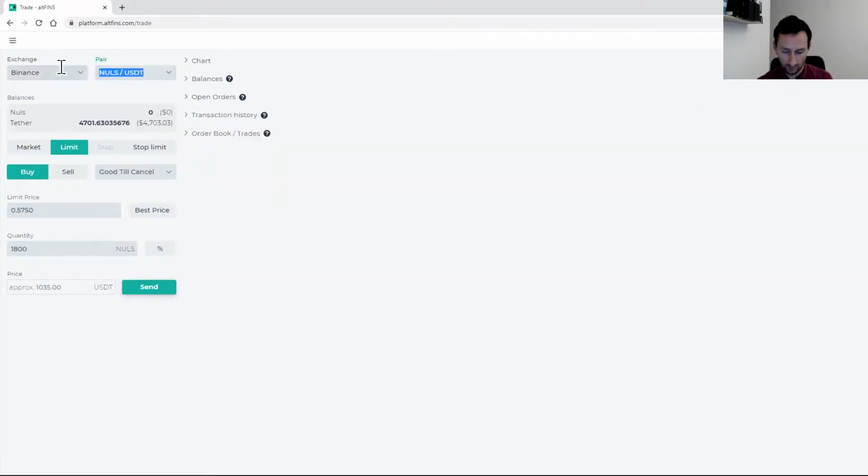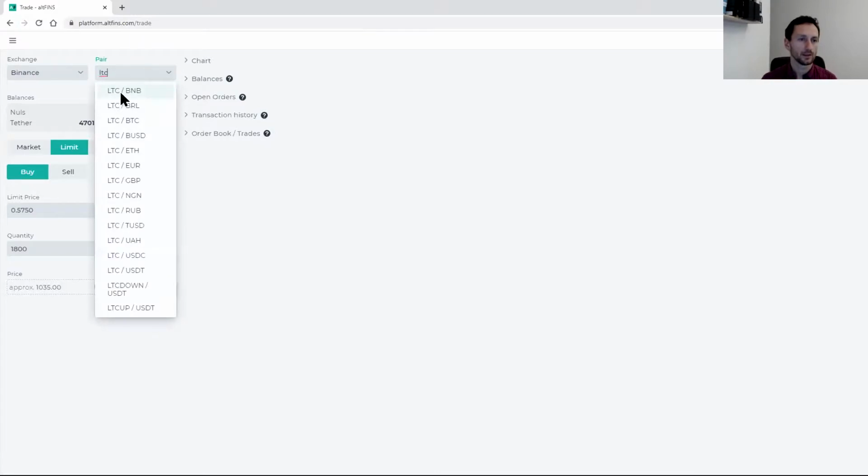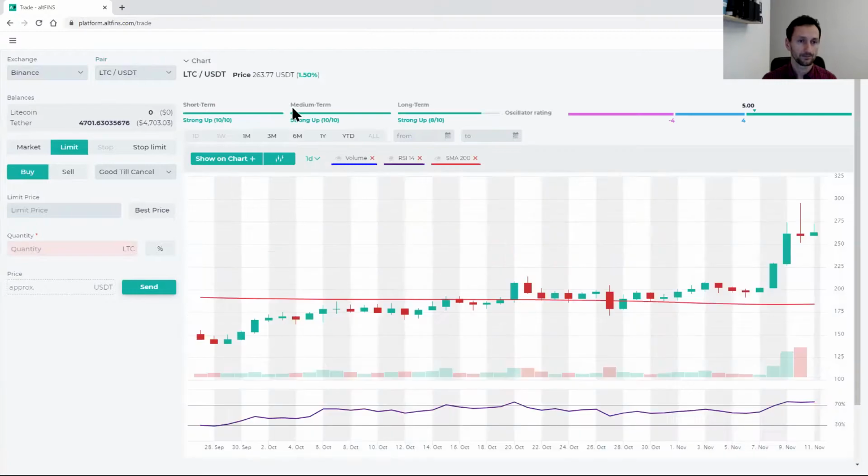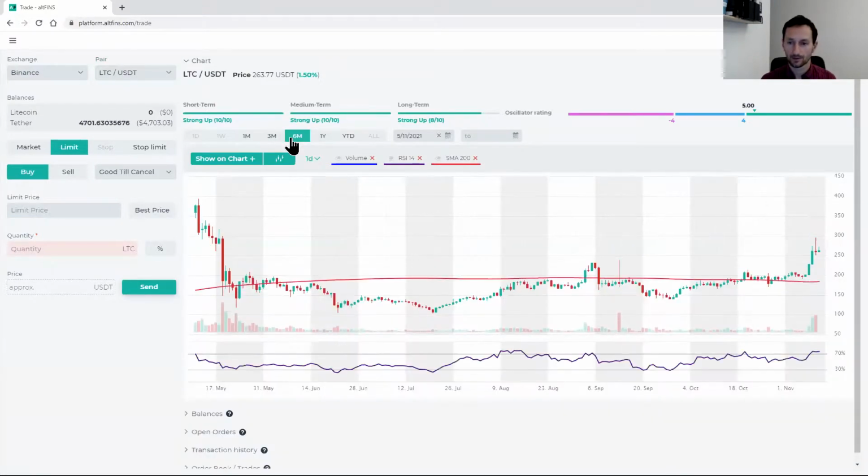And the other one was Litecoin versus USDT. Right, here we go. So it's pulled back to that breakout level.